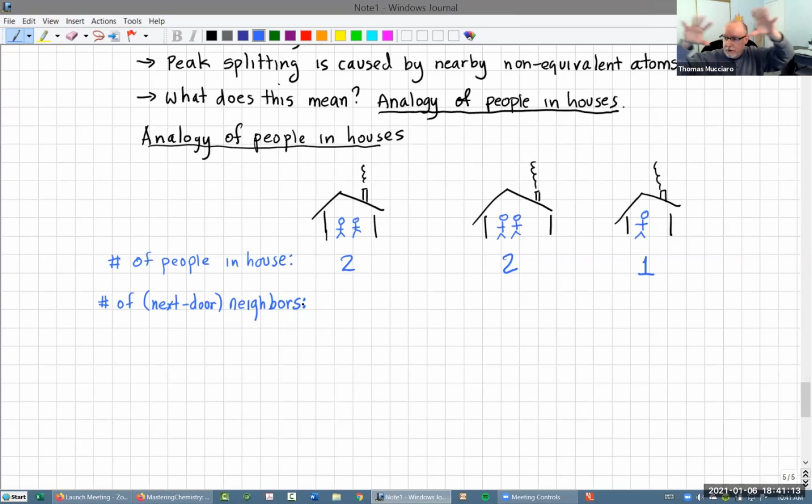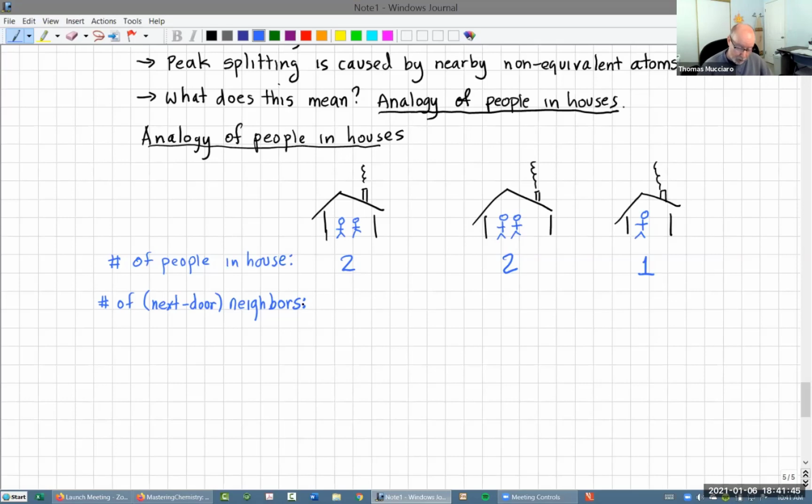Neighbors, as a general word, means people living near you. But then we can talk about how many people are living in the house directly next to mine. We call them next door neighbors. In peak splitting, they use the term neighbors, but when they use that term, what they really mean are next door neighbors. Okay? Does that make sense?